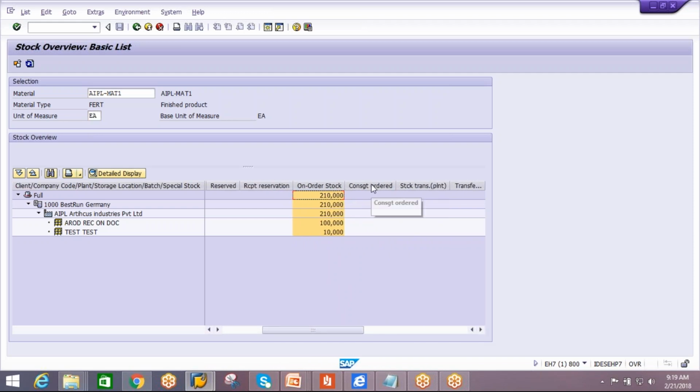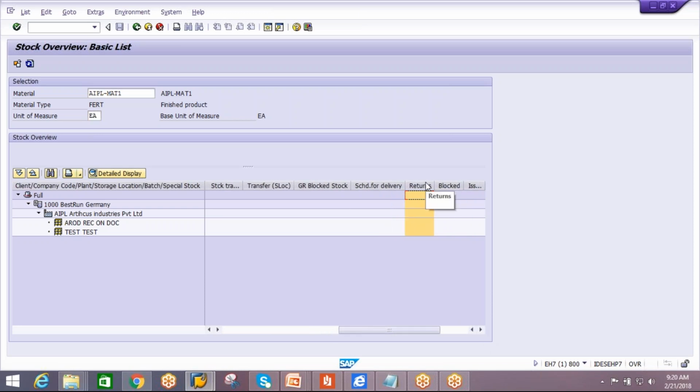Consignment order, unrestricted. STO, unrestricted. Transfer storage location, unrestricted. GR blocked stock. Scheduled for delivery: no one can schedule delivery for blocked stock or quality inspection stock, so that should be unrestricted only.